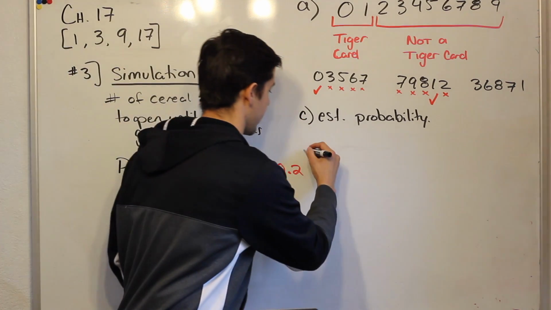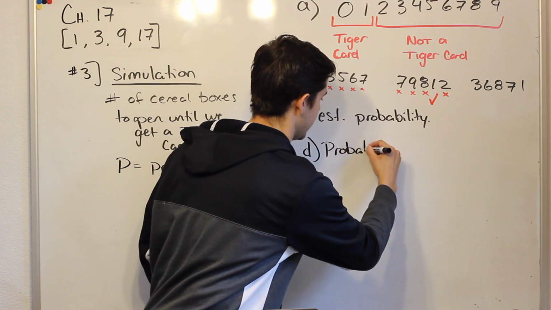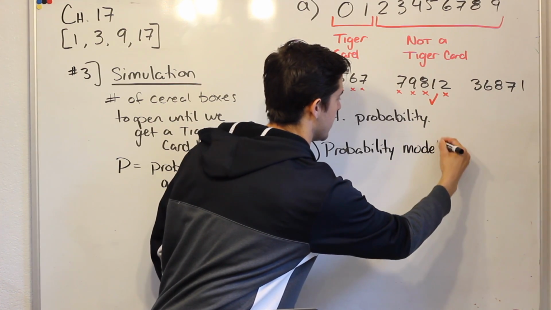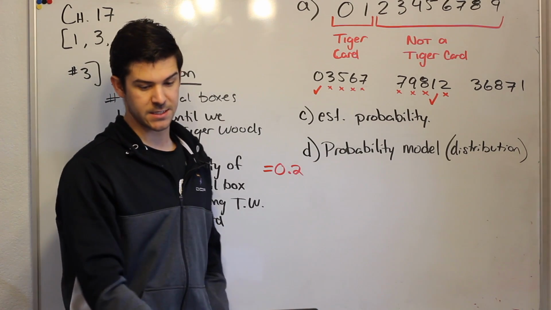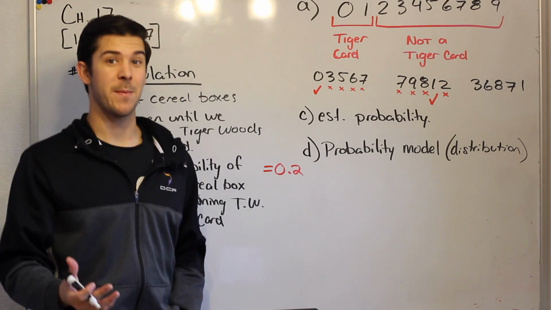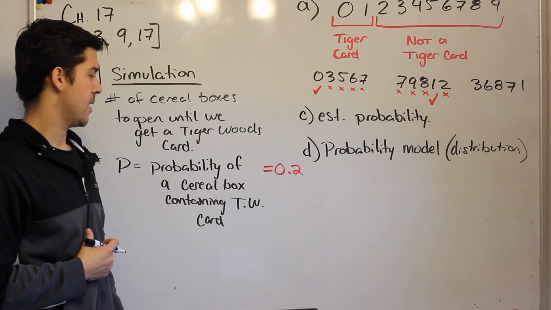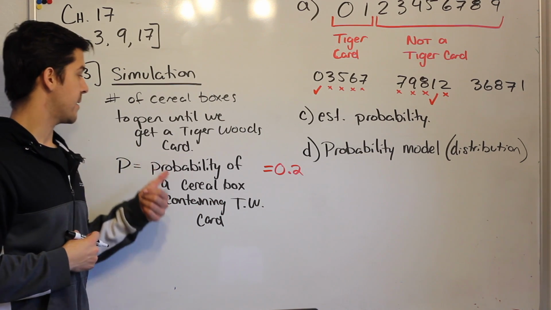Part D is where it gets interesting to us, which wants a probability model or a distribution. In other words, what the problem is asking us to do is to actually make a probability table, to make a table of what's going on here. In order for us to make a table, we need to identify what it is we're doing.